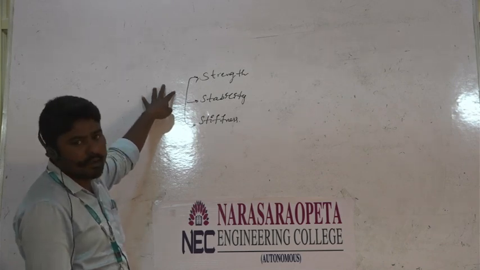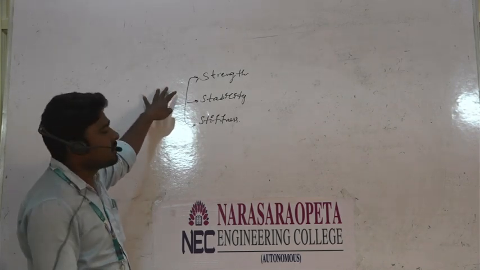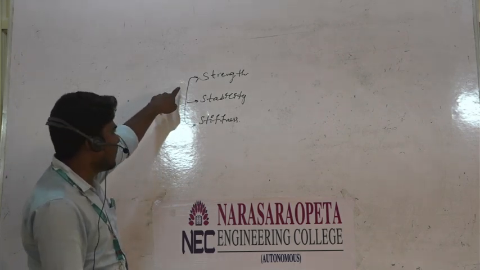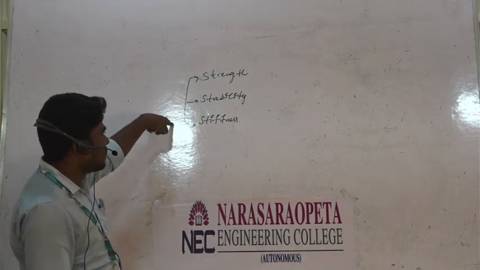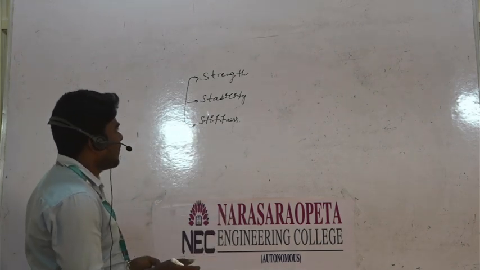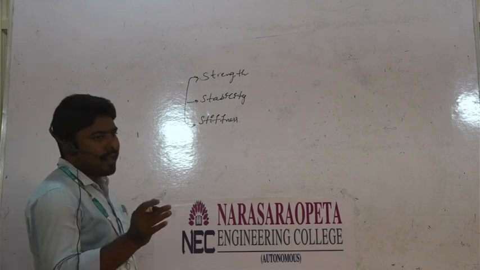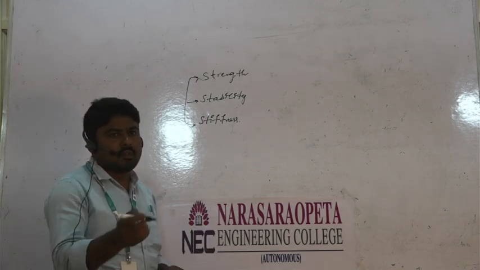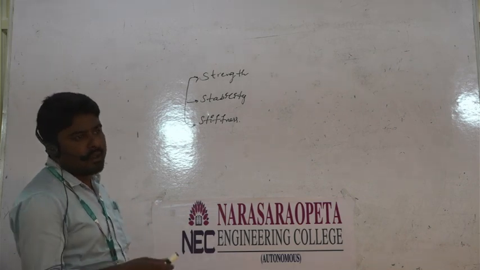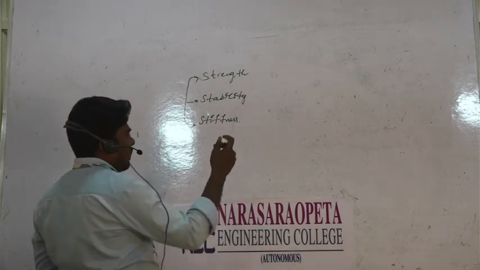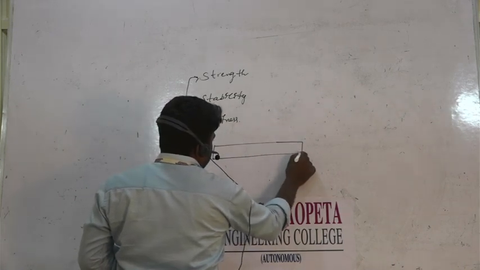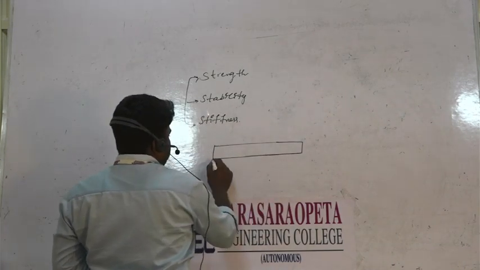First we analyze the member, and analysis means satisfying these three requirements: strength, stability and stiffness. How do we identify them? Take any one structural member, like a beam. A beam is a horizontal structural member.